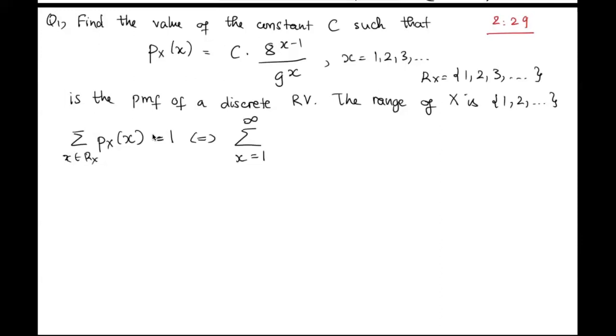And then the probability mass function at the value x is given by this formula. So I just bring it down, and it has to sum up to 1. C is a constant, so I can pull it out of the summation.